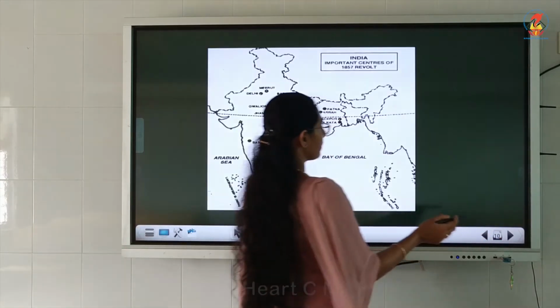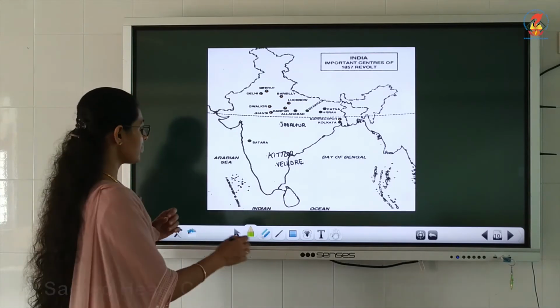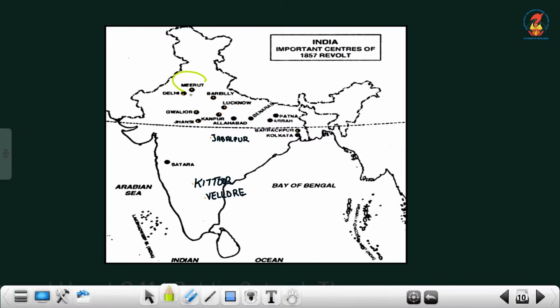Which are the important centers? The first one is Meerut. Then the second one, Delhi. Then Bareilly, Lucknow, Gwalior, Jhansi, Jabalpur, Kittur, Vellore. Then another important one is Barrackpore.